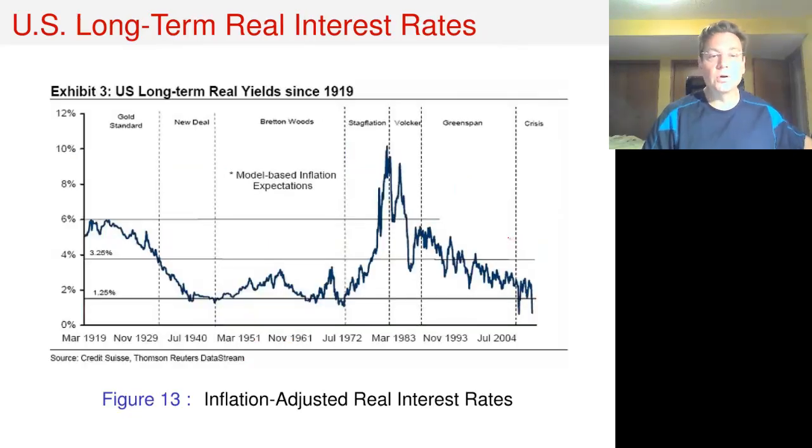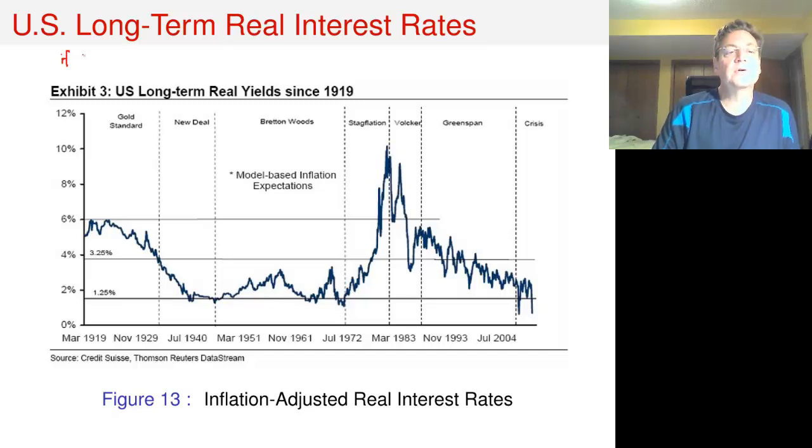Now, if we look at longer term real yield, and this is also a longer time series, it goes back to 1919. Let's say that this is 10 years, so we have 10-year bonds.